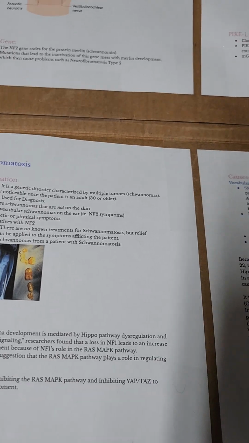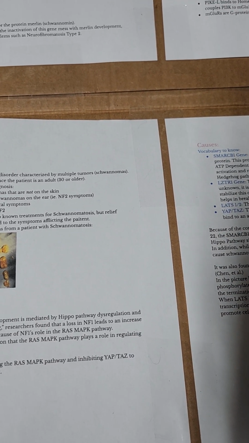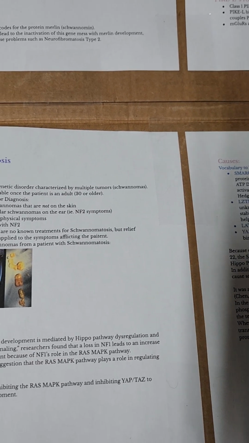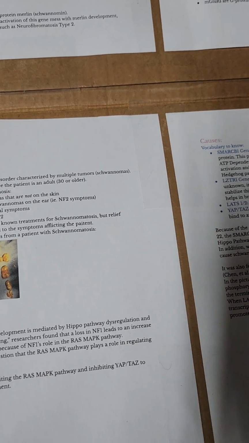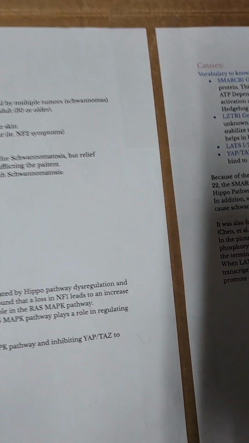It was a really interesting read because they did it on mice, and they showed pictures of the mice who had neurofibromin, and the mice who didn't have neurofibromin, and nothing was changed besides the amount of neurofibromin they had.